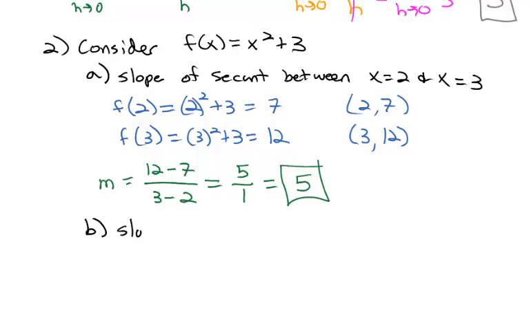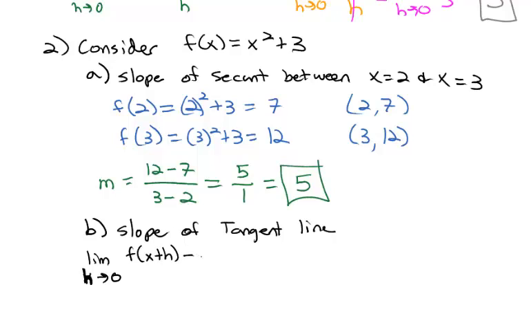Let's find the slope then of the tangent line. The slope of the tangent line is the limit as h goes to 0 of f of x plus h minus f of x all over h.